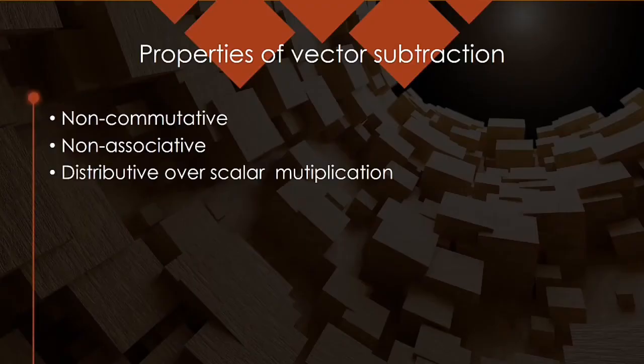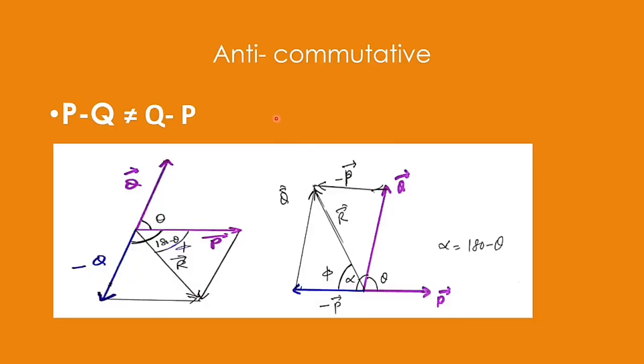So on the basis of that, I can revise the properties of vector subtraction on the basis of vector addition we have discussed in the previous class. Now it is found to be non-commutative, as you people have observed, the direction is getting changed. Similarly, you can prove that it is non-associative, and the third is that it is distributive over scalar multiplication.